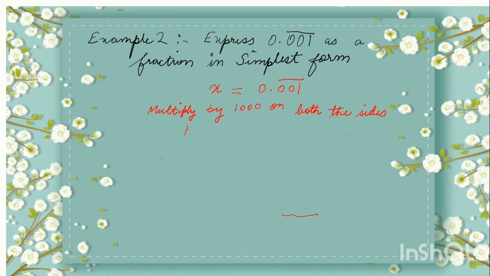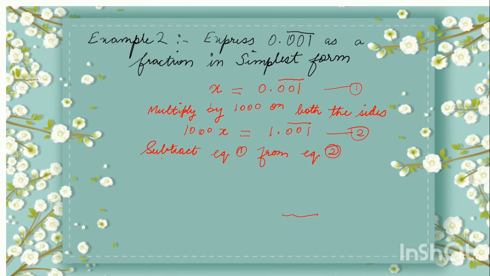So you will get 1000x equals 1.001 bar. Take x as equation first and this as equation second. Now subtract equation first from equation second.